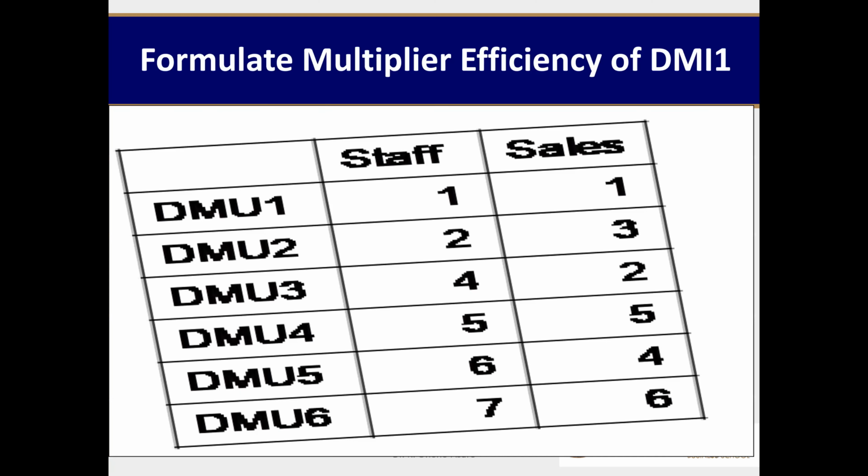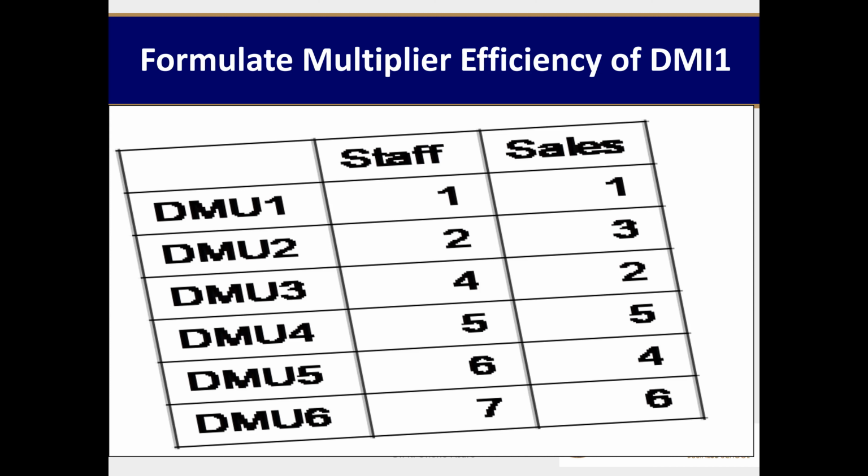It is the ratio of the weighted sum of the output divided by the weighted sum of the input. We are going to do it for output orientation. So it's going to be output over input, subject to the fact that if the same weights are assigned to every other firm in the industry, none of the firms will exceed the upper bound of 1.